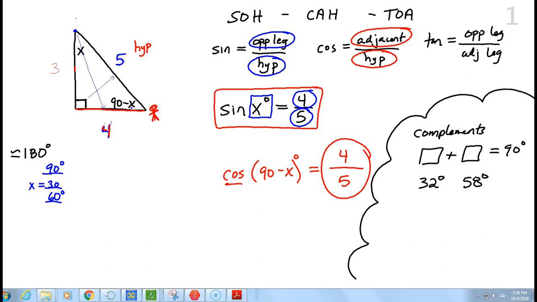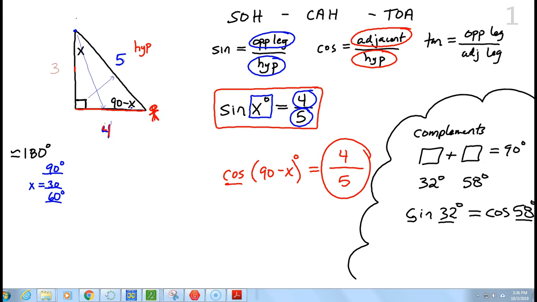It's true that the sine of one number is always going to be equal to the cosine of the complement of that number. That's a fact that's always going to be true. You can punch it in your calculator, you can look on a trig table, but as long as these two numbers add up to 90 degrees, the sine of one is going to equal the cosine of the other.